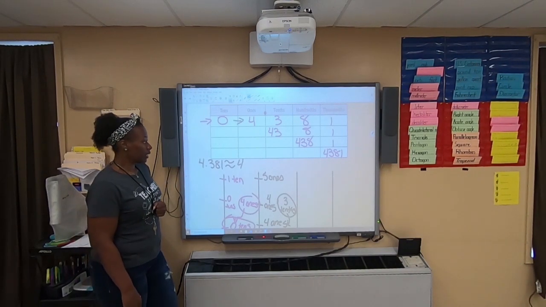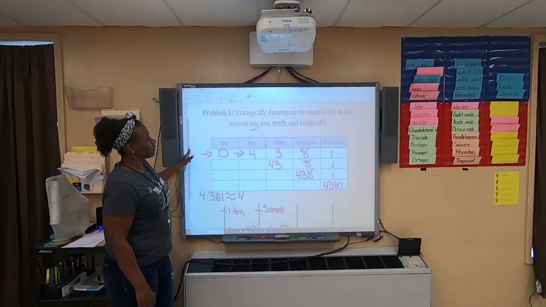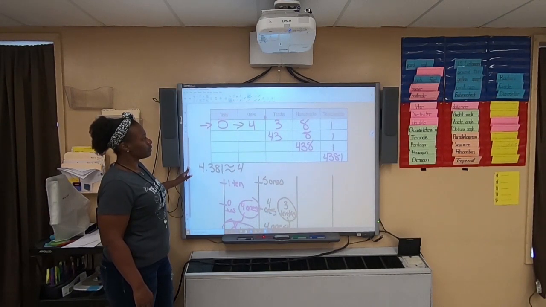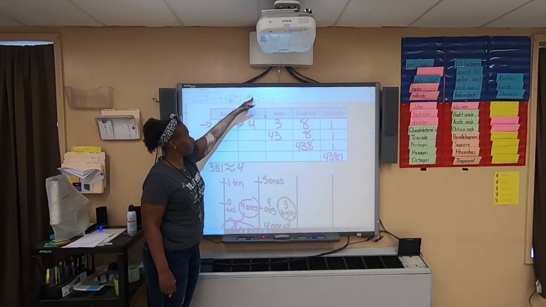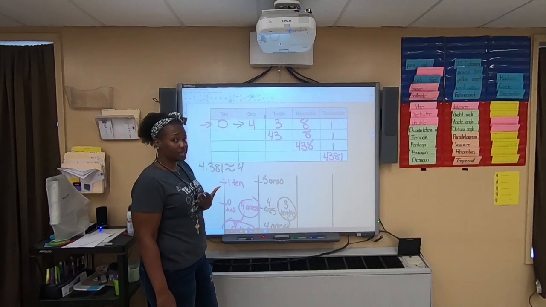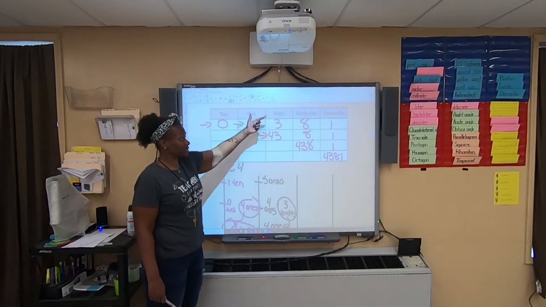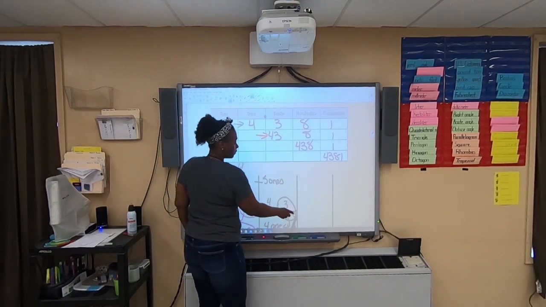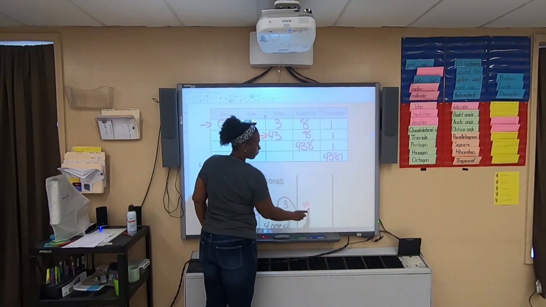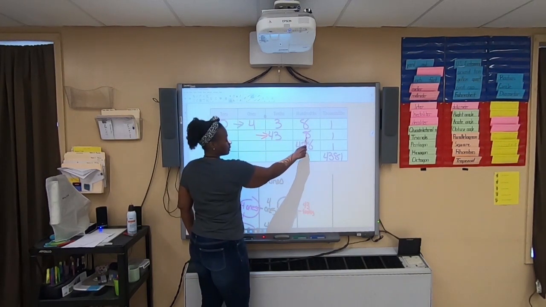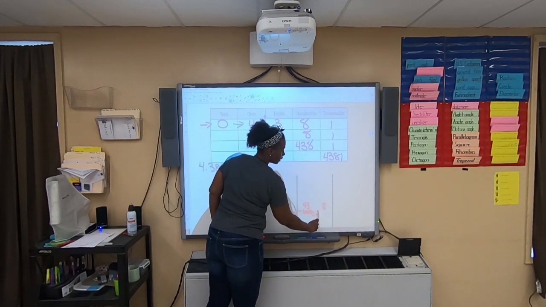Okay. Now they want us to round to the nearest tenth. Well, as we've talked about, if I'm rounding to the nearest tenth, I'm going to start with the decomposed sentence that starts with the tenths. So in the middle, I need 43 tenths. And I need that extra unit, which is 8 hundredths.